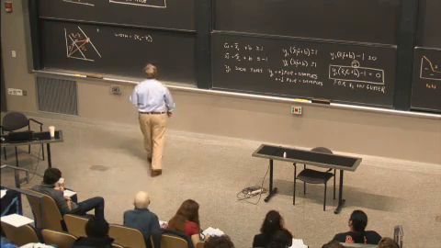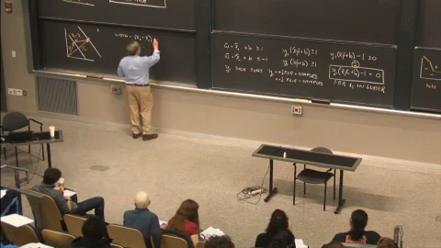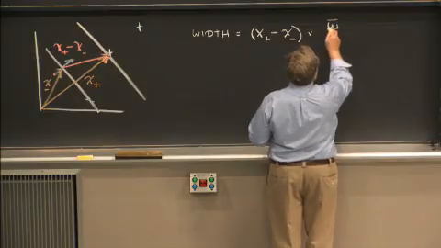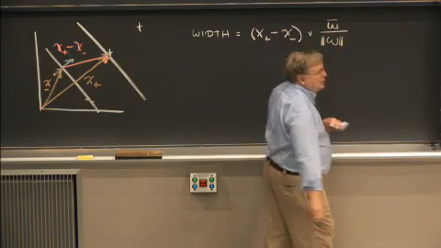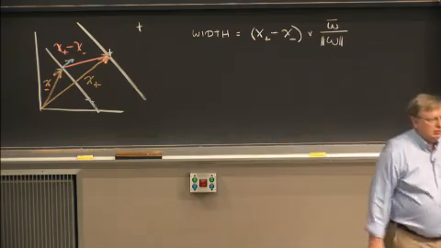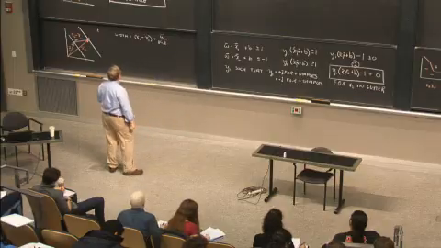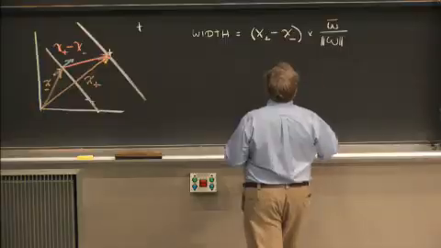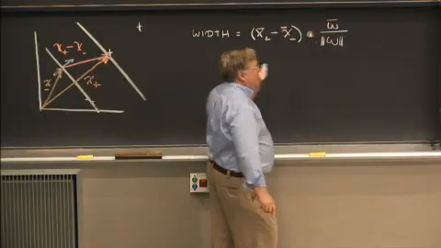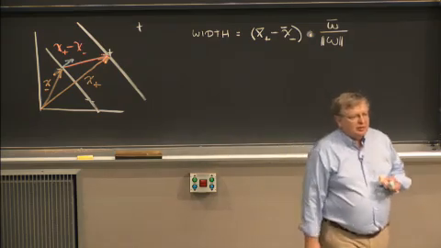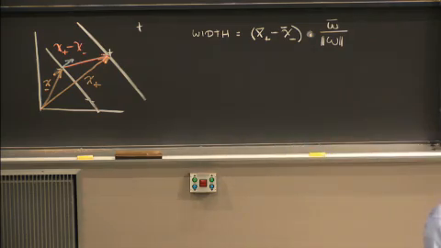So what I can do is multiply this times w, and then divide by the magnitude of w, and that will make it a unit vector. So that dot product is in fact a scalar, and it's the width of the street.